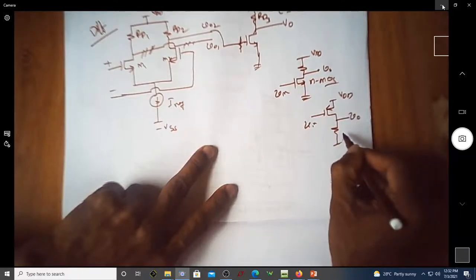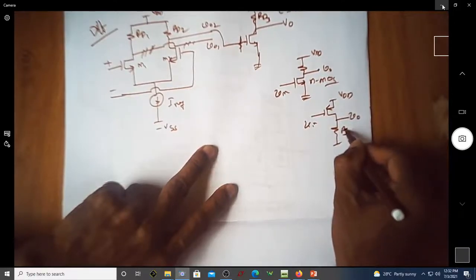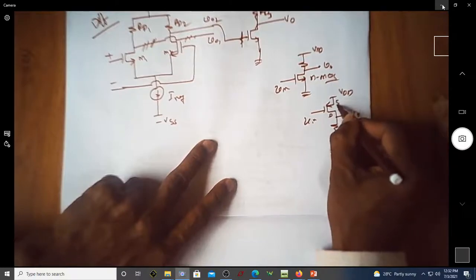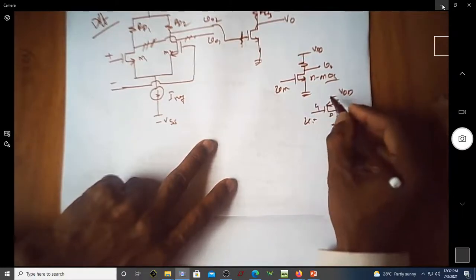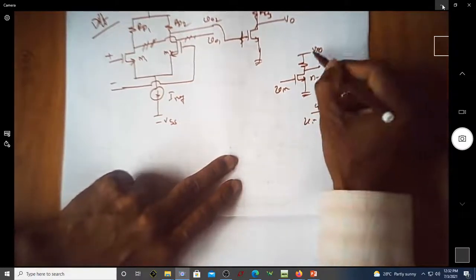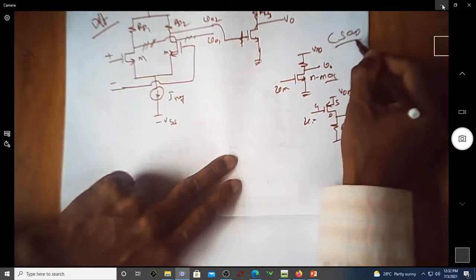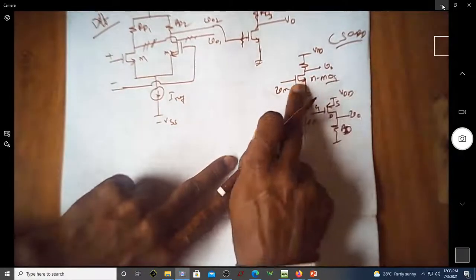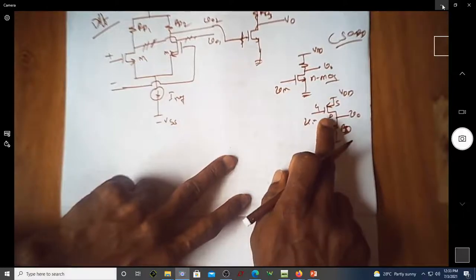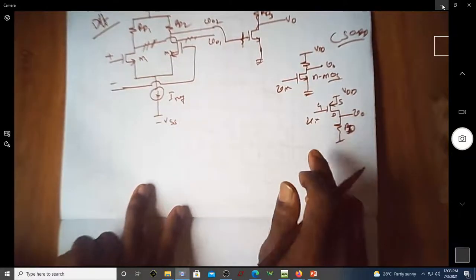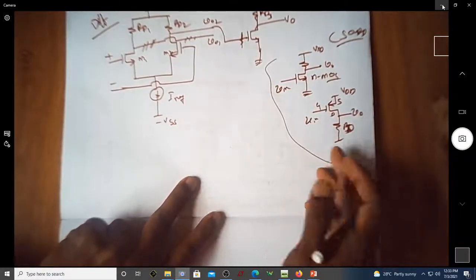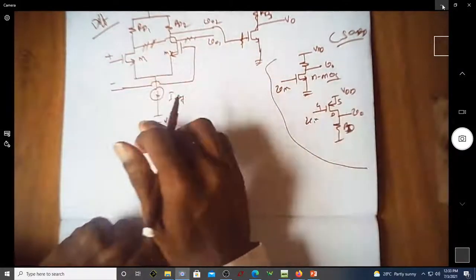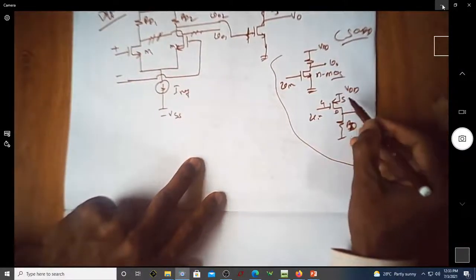This is my RS, and this is again RD. This is the drain, this is the source, and this is the gate. So both of them are CS amplifiers, but this one is realized using an NMOS transistor, whereas this is realized using a PMOS transistor.